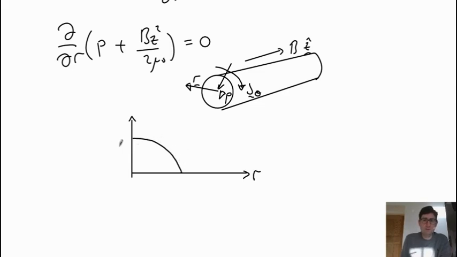So here, this is fluid pressure P. What we have is, on the outside you have a magnetic pressure. So away from the plasma, say you have a high magnetic field pressure. So this is B squared over 2 mu naught. And then inside the plasma edge here, the sum of these two must be equal.